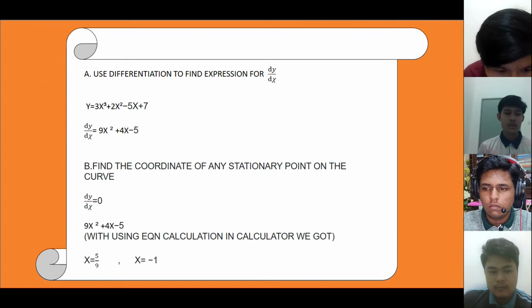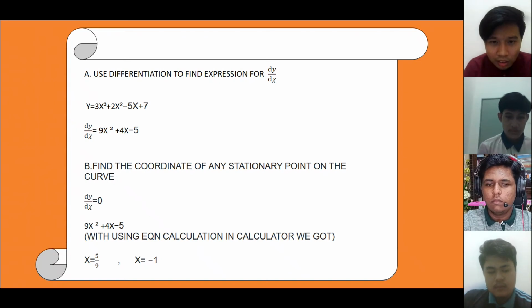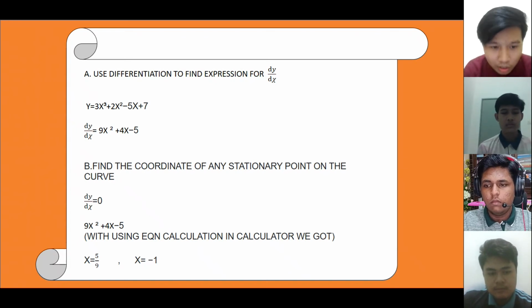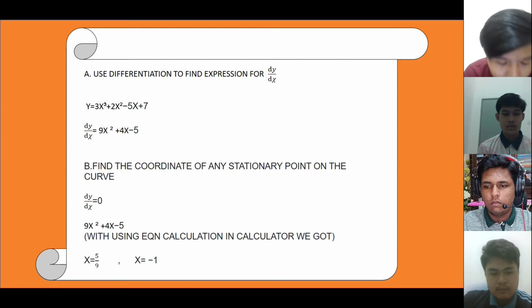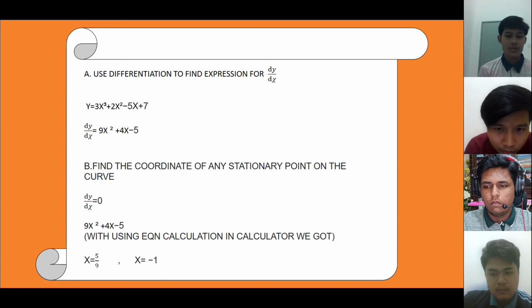Then second step, find the coordinates of any stationary point on the curve. We set dy over dx equal to 0.